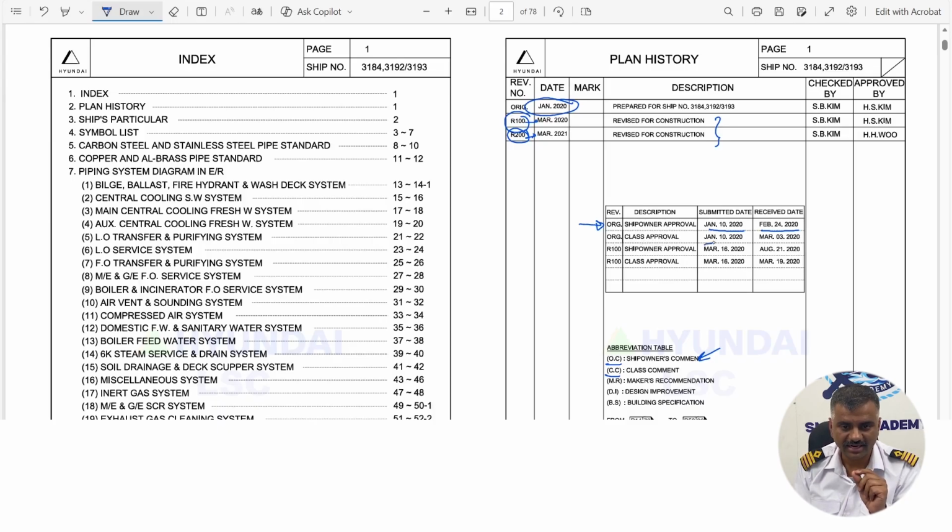Okay, so the class also sent it back after checking to the yard in March. Okay, so they took their time to give their class comments, or any modifications in the pipeline they see or they think are required as per their norms, classification rules. Okay, and then the ship owner's approval was given in this one revised diagram, and then class approval was given in this revised diagram.